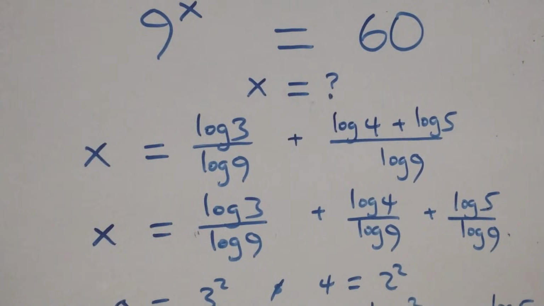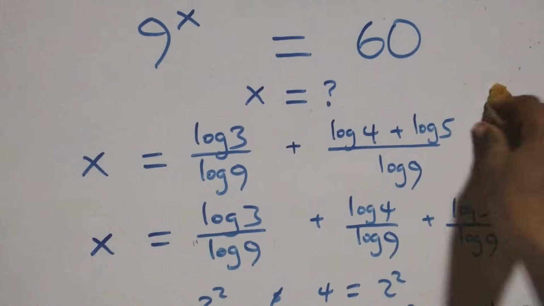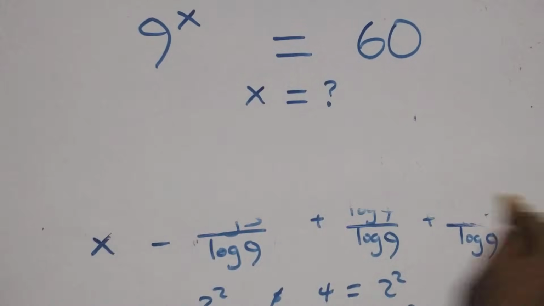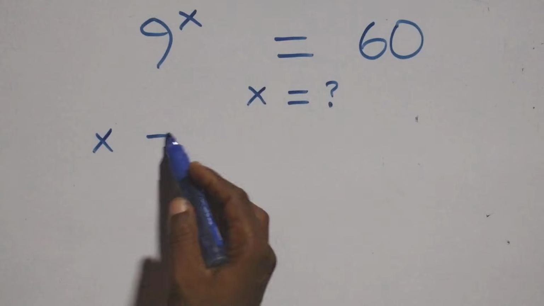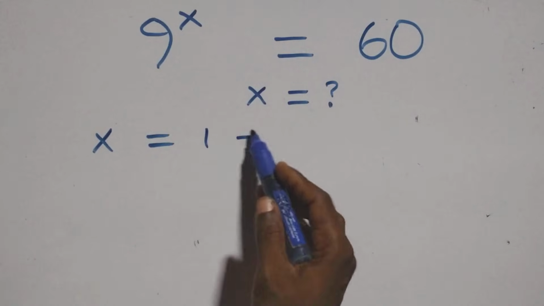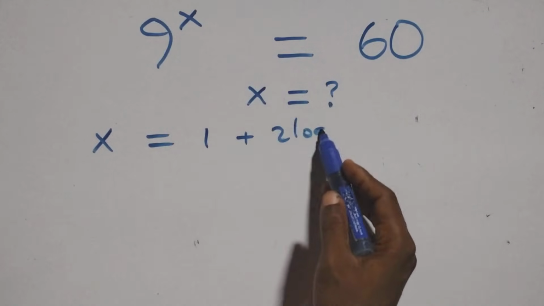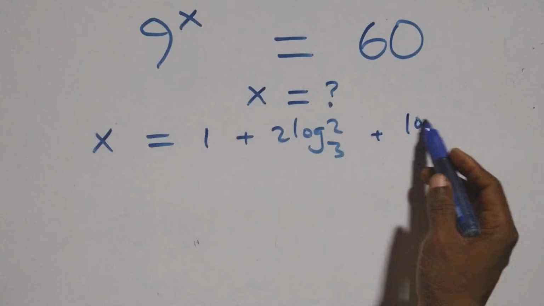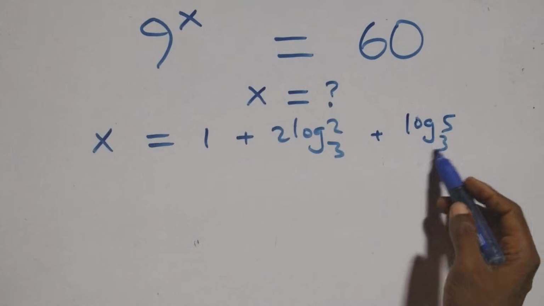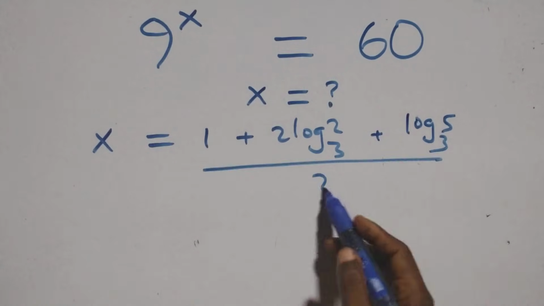This we substitute the value of x here, which is x equals to 1 plus 2 log 2 base 3 plus log 5 base 3 all over 2.